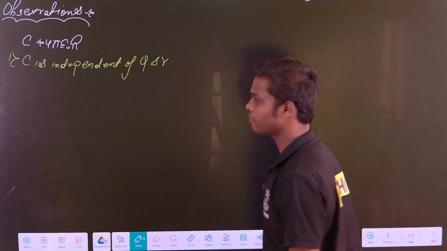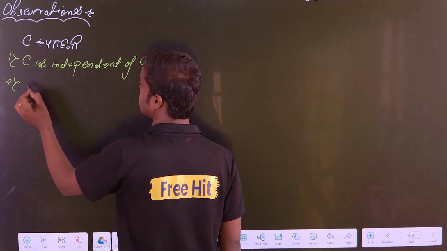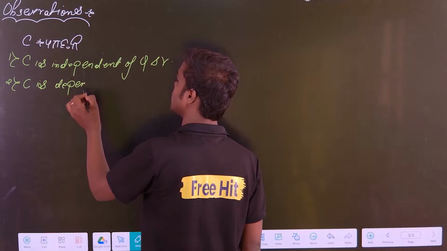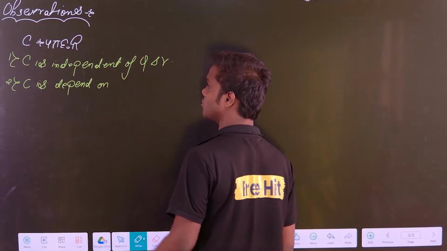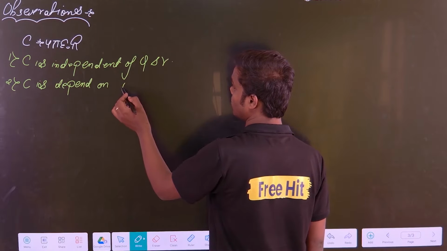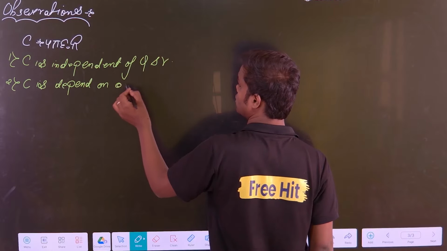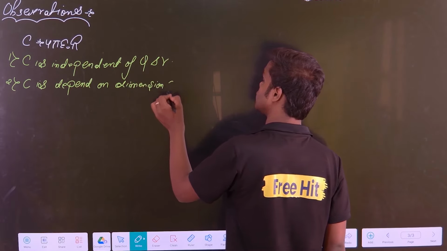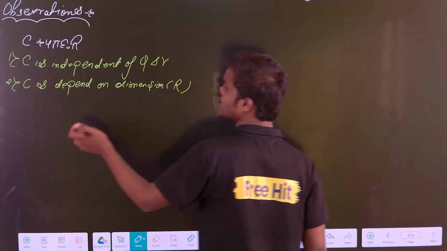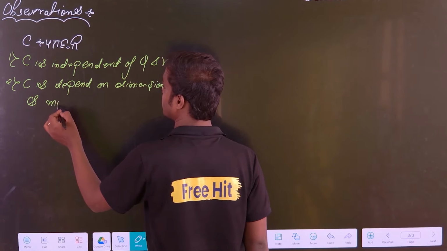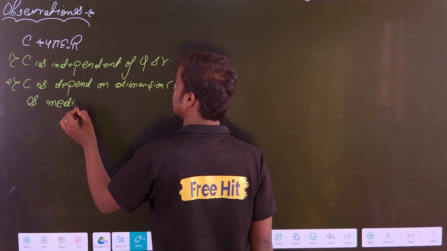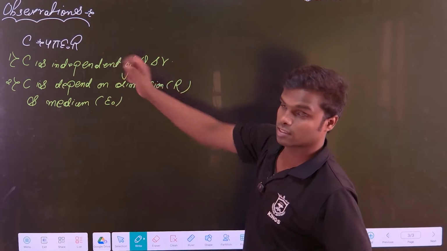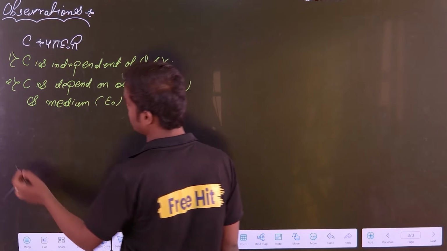That is the first thing. Second, C depends on dimension, that is radius, correct? Here it is the radius, and the medium. Why medium? Because epsilon naught is here, so that is the medium, because we have to consider a vacuum.